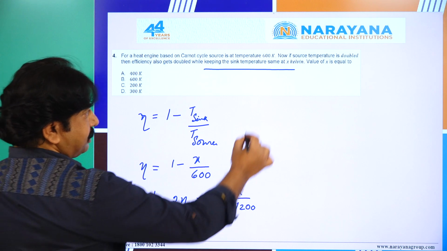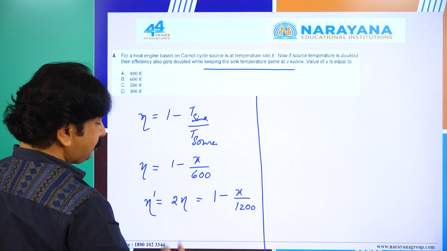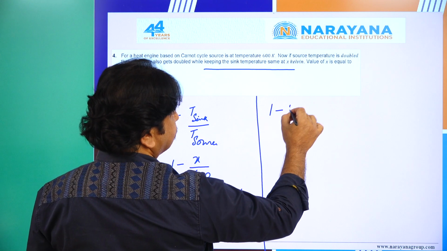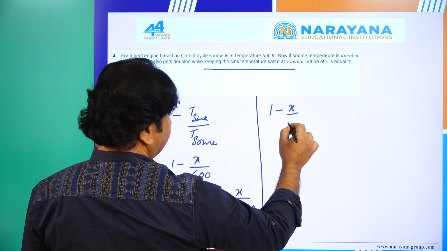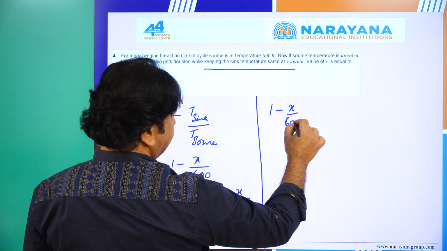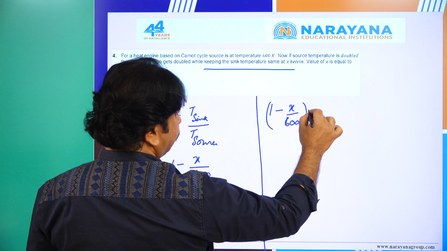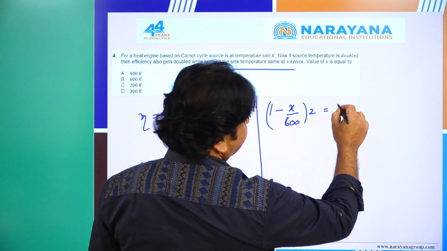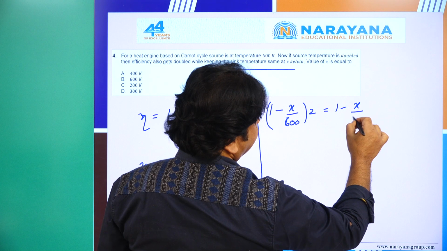So as per this, we can write 2 eta is 1 minus x by 600, times 2, equal to 1 minus x by 1200.